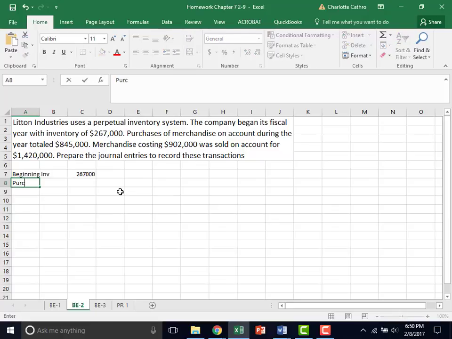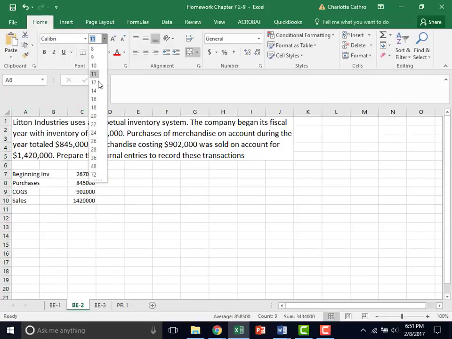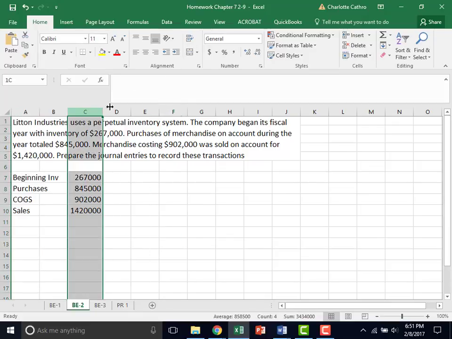It says that purchases are 845,000, cost of goods sold of 902,000, and sales 1.42 million. So we are going to use that information in our problem to book our journal entries.